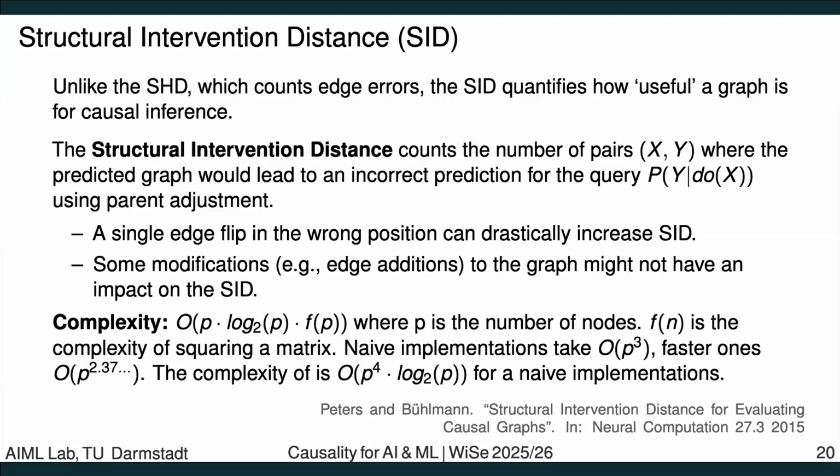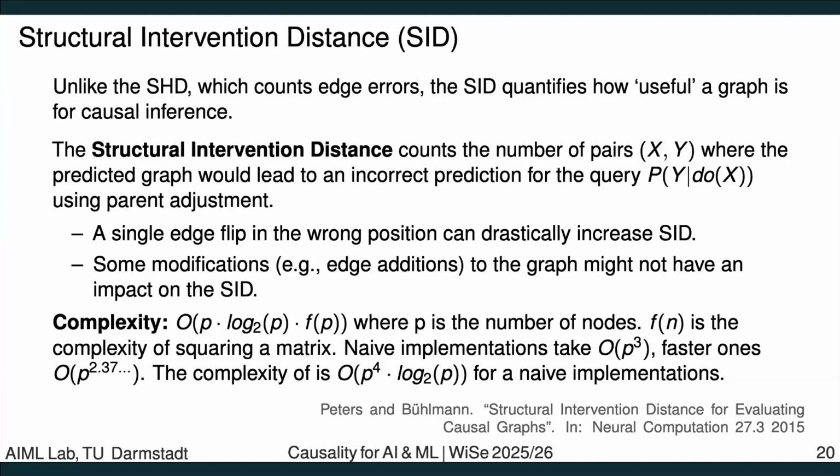Something on complexity. Of course, we need to iterate over all the pairs. Then we need to look for all the adjustment sets and check whether these queries still hold in both graphs. It's roughly on the order of p to the fourth with a log term and so on, but it's quite hard to compute, especially if you go beyond 10 or 20 variables.